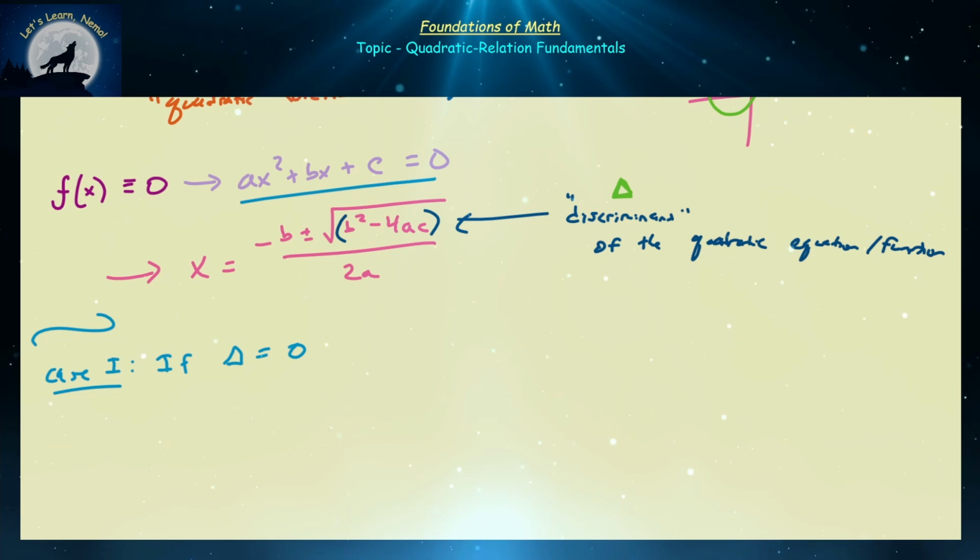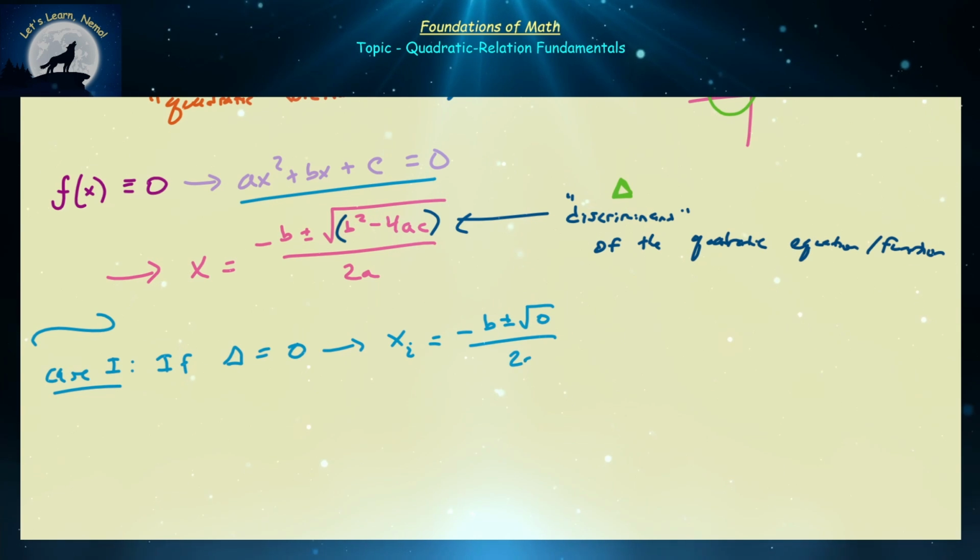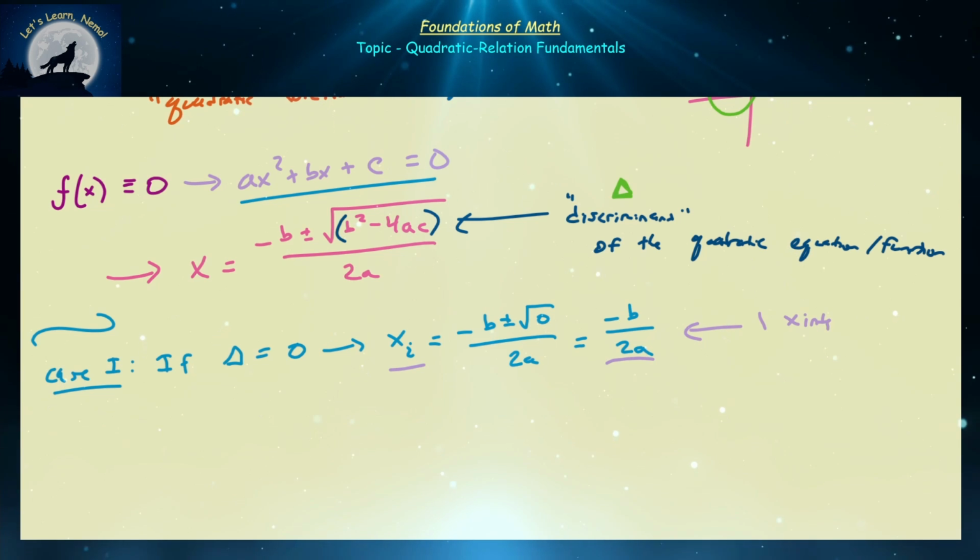Keep in mind, when we set an object equal to 0, what we're actually finding is the x-intercepts. So the x-intercept for this particular parabola will be equal to negative b plus or minus the square root of 0 all over 2a, which is just negative b all over 2a. So there's actually only one x-intercept.